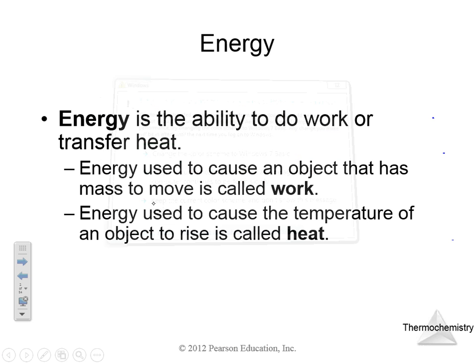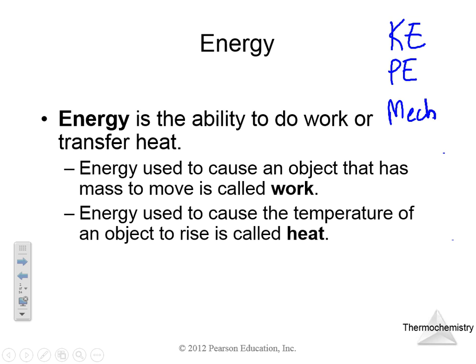Now, what are other different types of energy that we may have studied or that you can list? There's a handful of ones that you probably could list. There's kinetic energy, KE. There's potential energy, PE. There's mechanical energy. There's chemical energy.